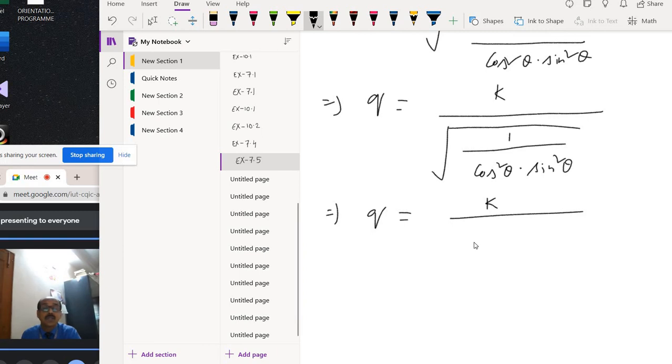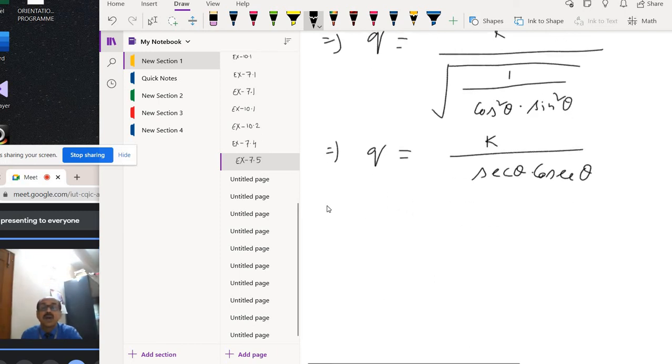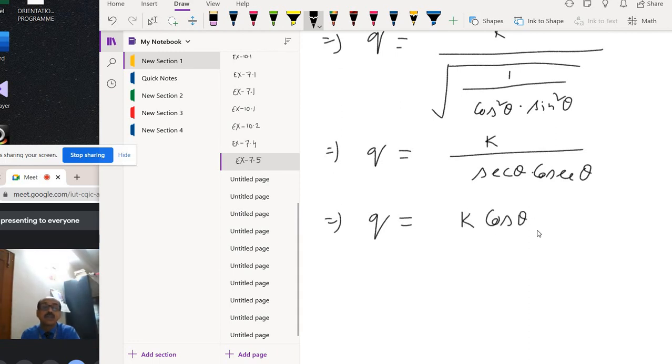Under root sec square theta is sec theta, so sec theta into cosec theta, and 1 by sec theta means cos theta. So k cos theta into sin theta.